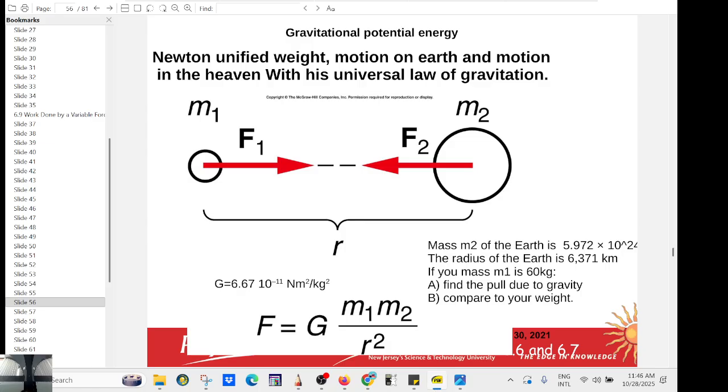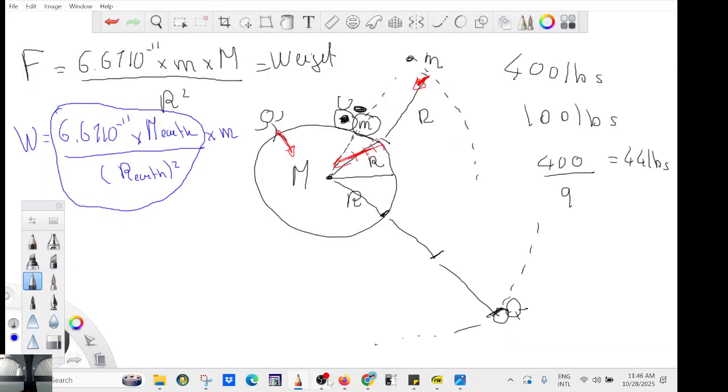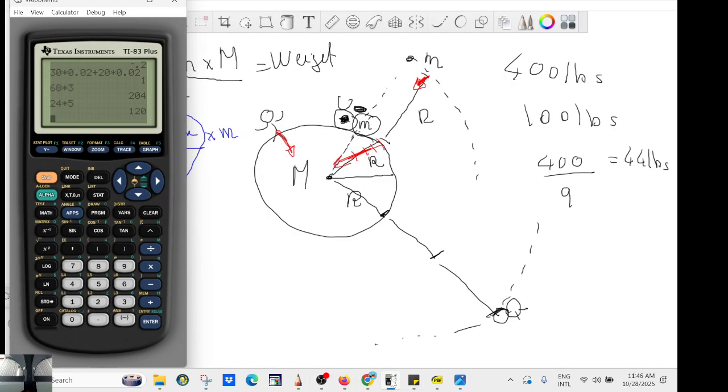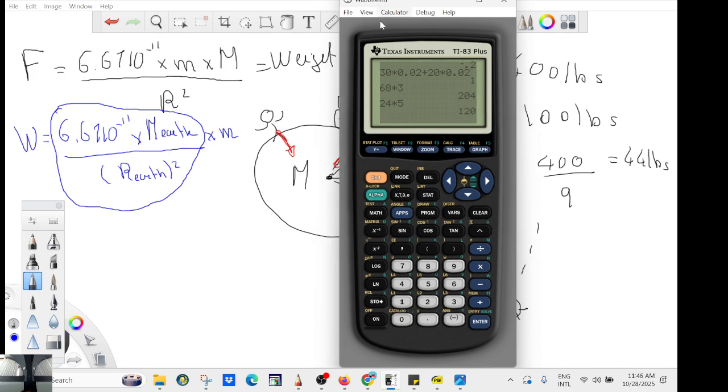So the mass of the Earth is 5.972 times 10 to the 24. That will be the radius of the Earth. So try to do that computation. 6.67 times 10 to the negative 11. Do it. Don't stare.